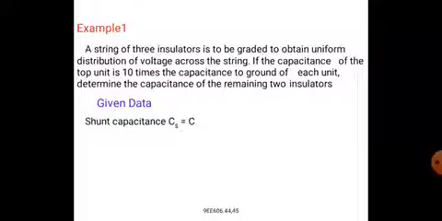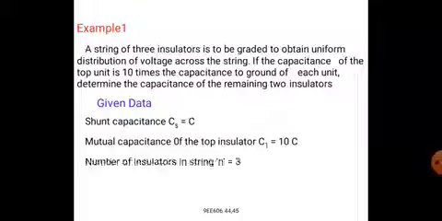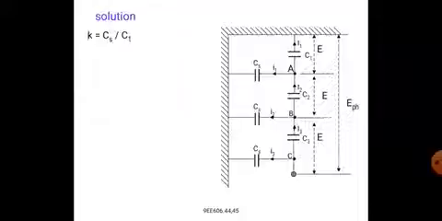The number of insulators in the string N is equal to 3. So here K is nothing but Cs by C1, that is C by 10C, that is 1 by 10, which is equal to 0.1.